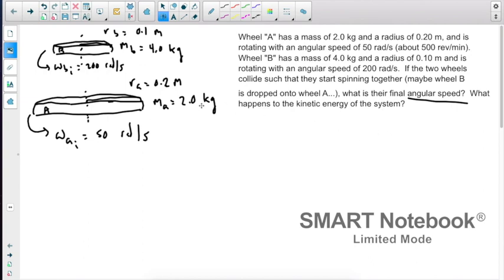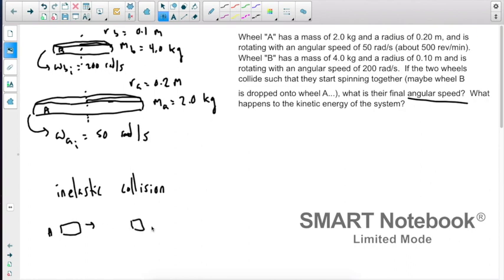What does this remind you of? What types of problems have we done in the past in previous units that this reminds you of? Yeah, this should remind you of a perfectly inelastic collision, right? Remember, with translational systems, an inelastic collision was something like this. We have an object A that's moving this way.